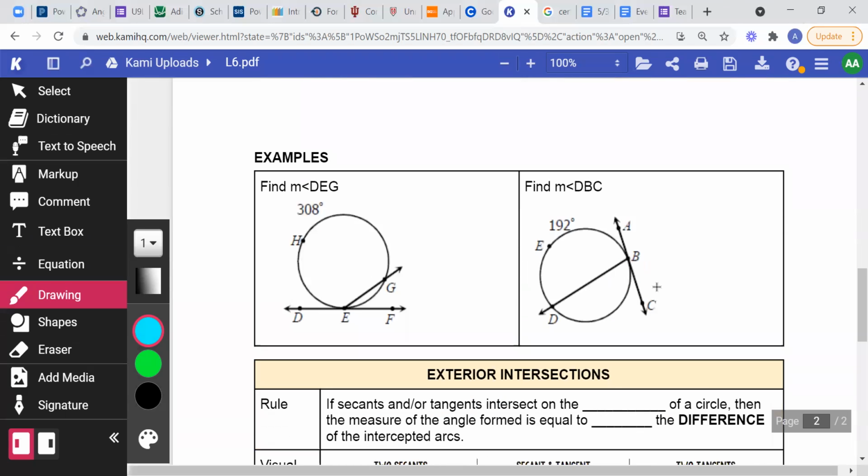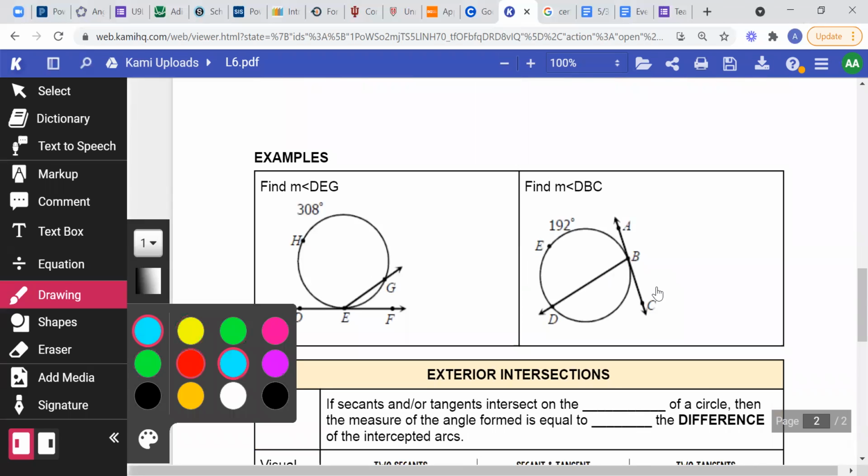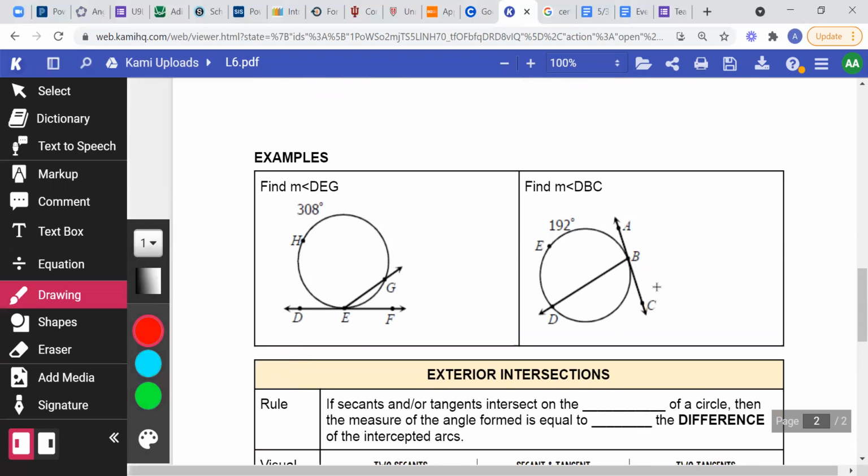Then we also have these problems to solve here. Find DEG. We move from D to E to G, that's this big angle here. And what do we observe? This line DF is a tangent line because it touches the circle at E, and EG is a secant because it passes through the circle.